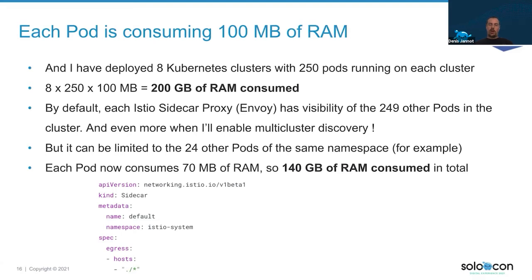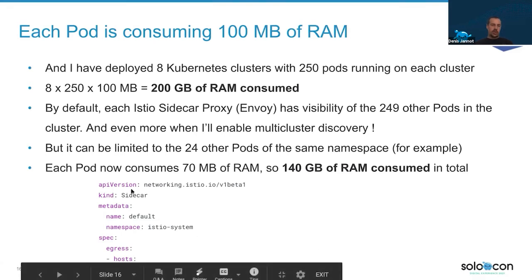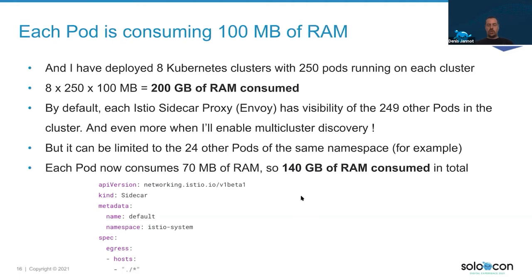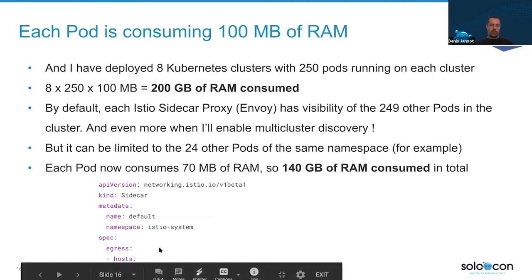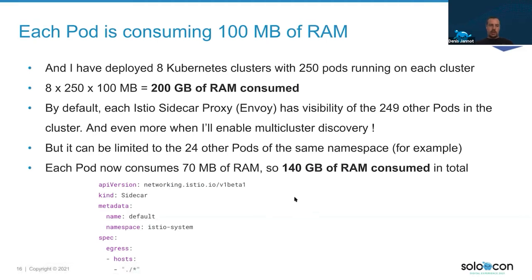So if you create a sidecar object, an Istio sidecar object, you can define which pods they can see. This special notation that you see here, dot slash star, means basically that I will only see the other pods of the same namespace by default, and it's in the Istio system namespace, so that means it will apply on everything.